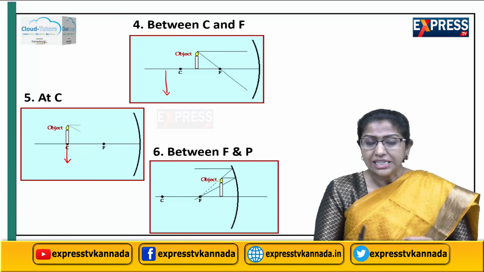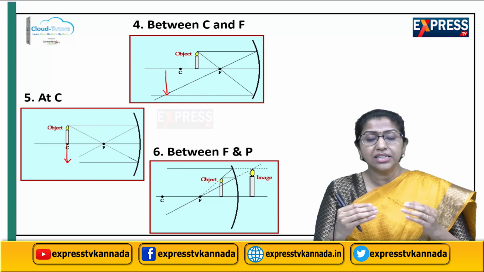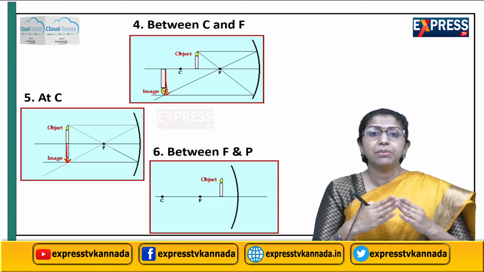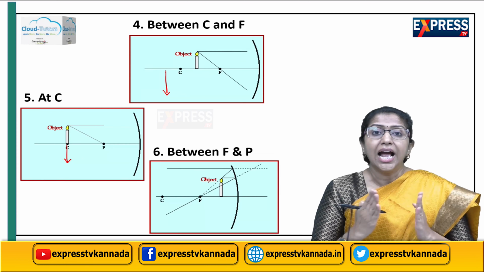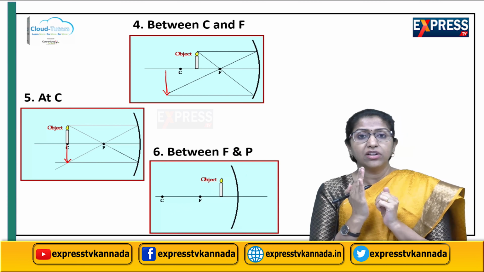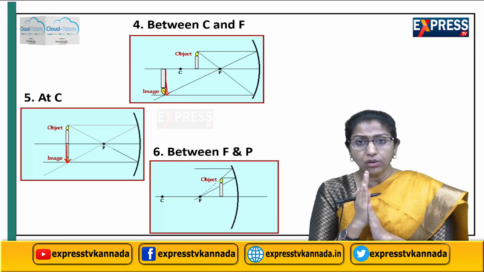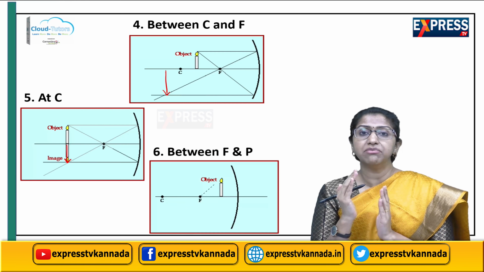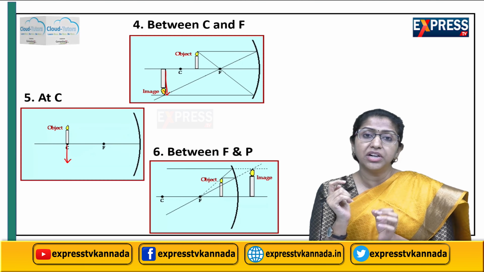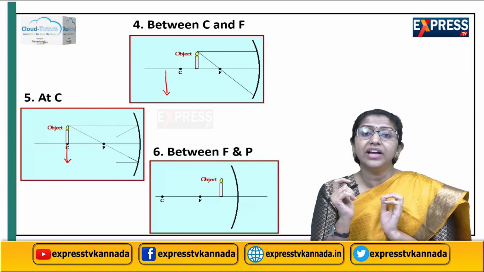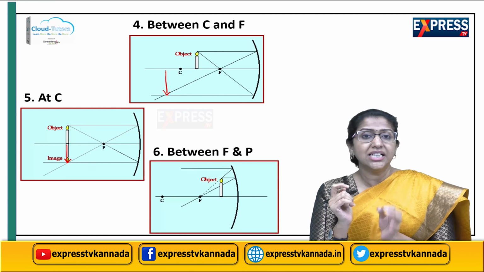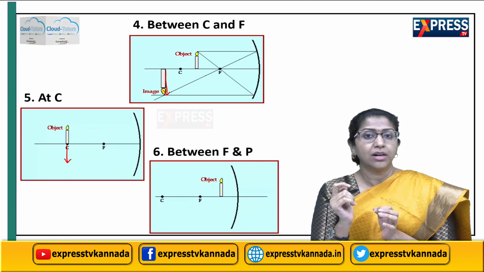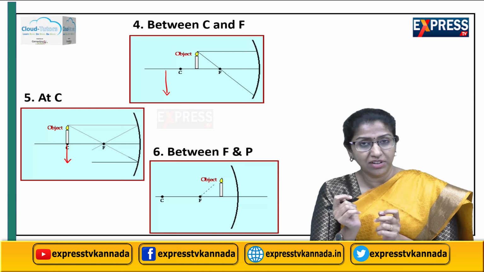Of all the 6 cases, the sixth one, that is whenever the object is kept between pole and the focus, that is whenever the object is kept very close to the mirror surface, only then a concave mirror gives you a virtual, erect and a very enlarged image. This is quite a good application when it comes to makeup mirrors or shaving mirrors.